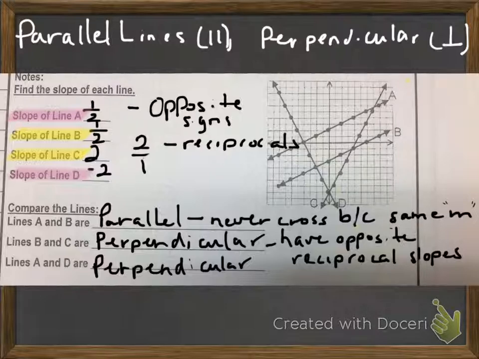We said A and D are perpendicular, right? So, slope A times slope D. I said B, I meant D, excuse me.